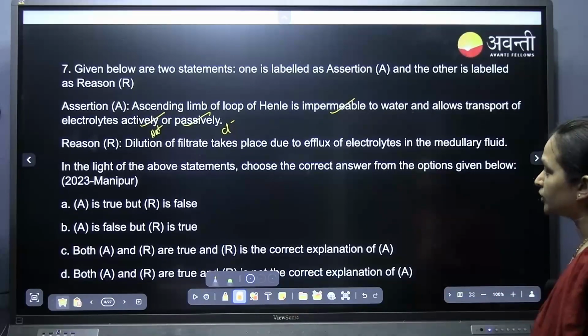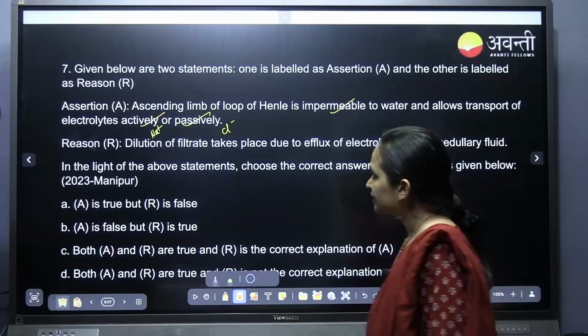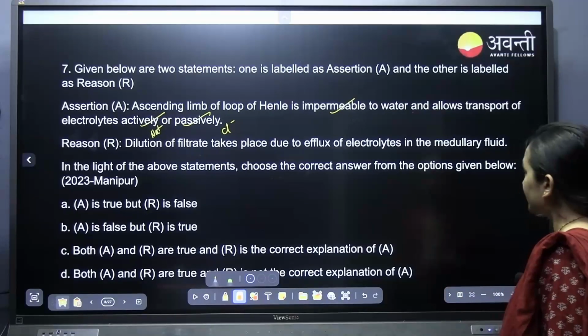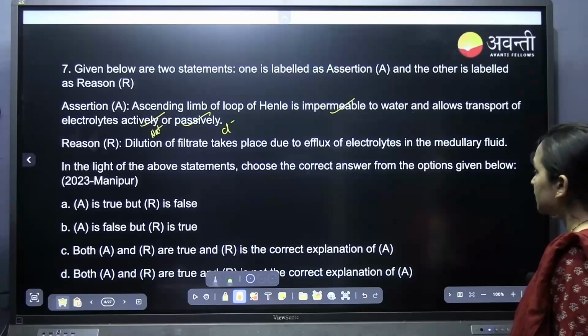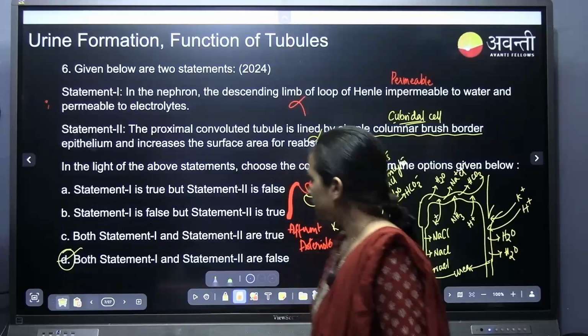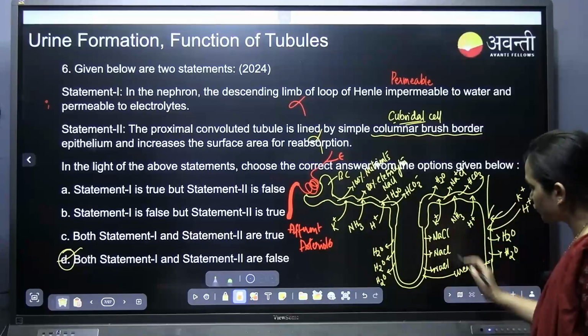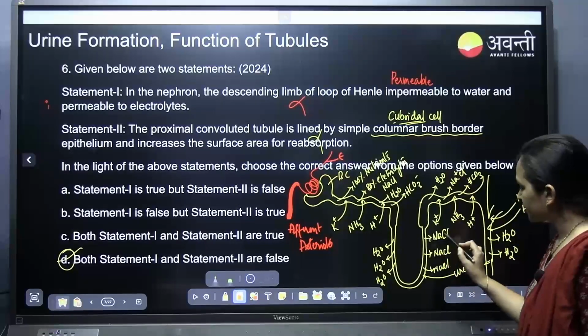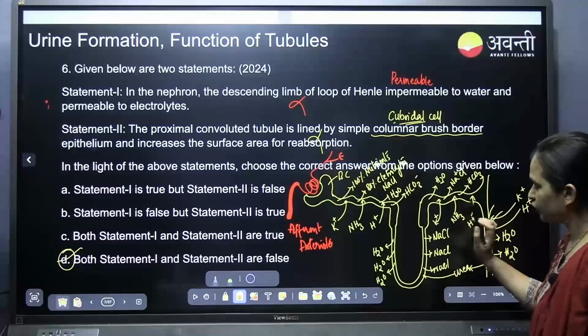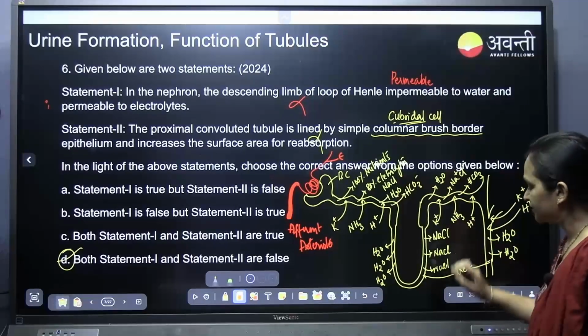The assertion says the dilution of filtrate takes place due to efflux of electrolytes in the medullary fluid. Yes. If we go back to this, NaCl is transported actively and passively, so the ascending loop of Henle is permeable to NaCl.